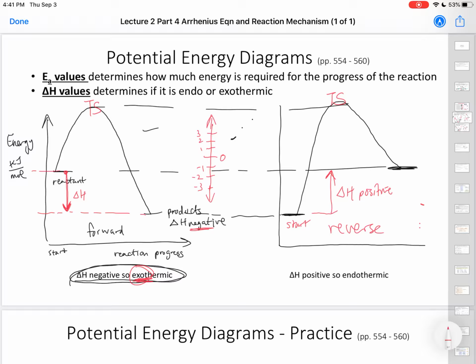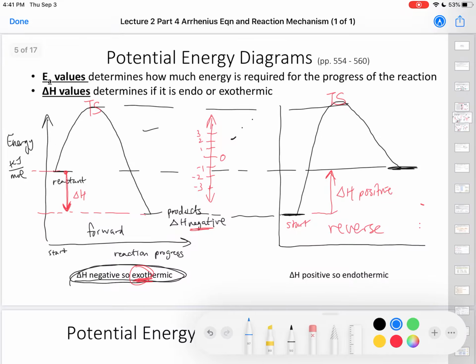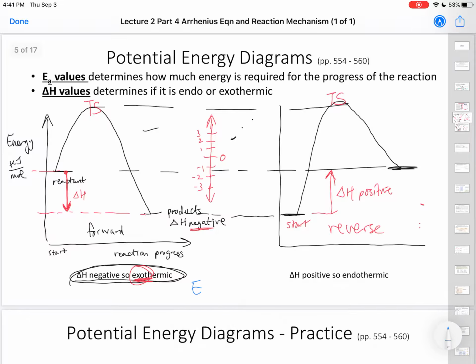Now, how do you draw the energy of activation? The energy of activation is always from the starting material, the reactant, to the transition state. So from the reactant, I'm going to draw an upward arrow to the transition state. Again, from the reactant, upward to the transition state.